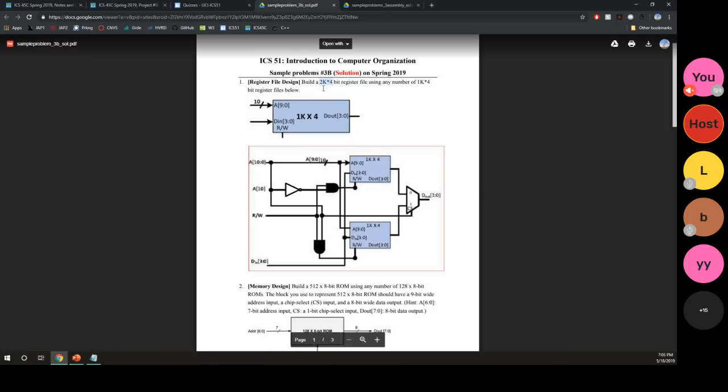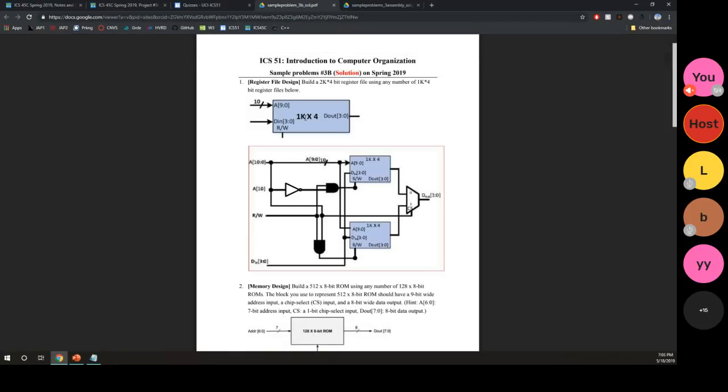So the 2K or whatever is before the multiplication sign is pretty much how many registers there are going to be. So in this case, there's 1,000 or 1,024 if you want to be technical registers in here, and each one is 4 bits. So the 4 after the multiplication sign is saying how many bits each register has inside.